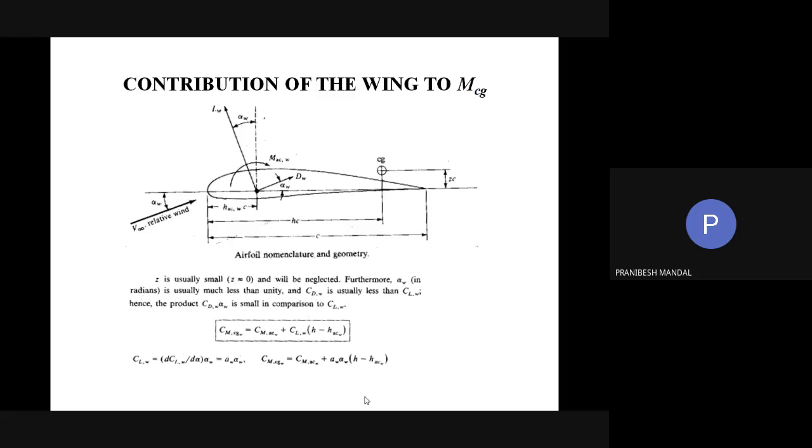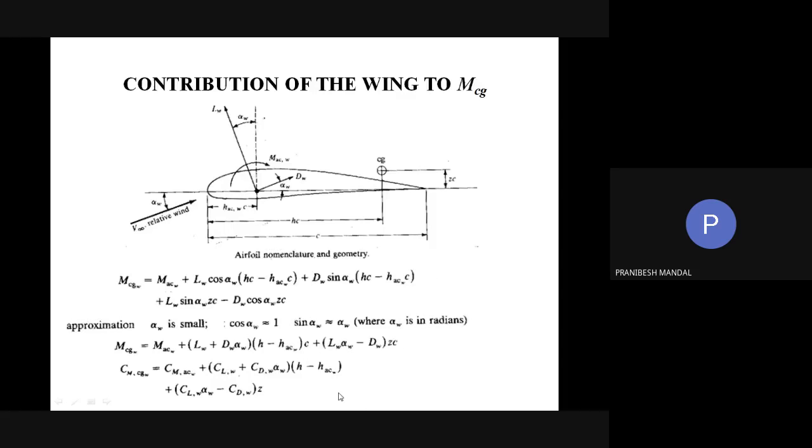You see, there are other things. How are you going to get CMAC of the wing? It will be obtained from the experimental data. Yes. So the first term you have to get from the experimental data, isn't it? What is the slope?